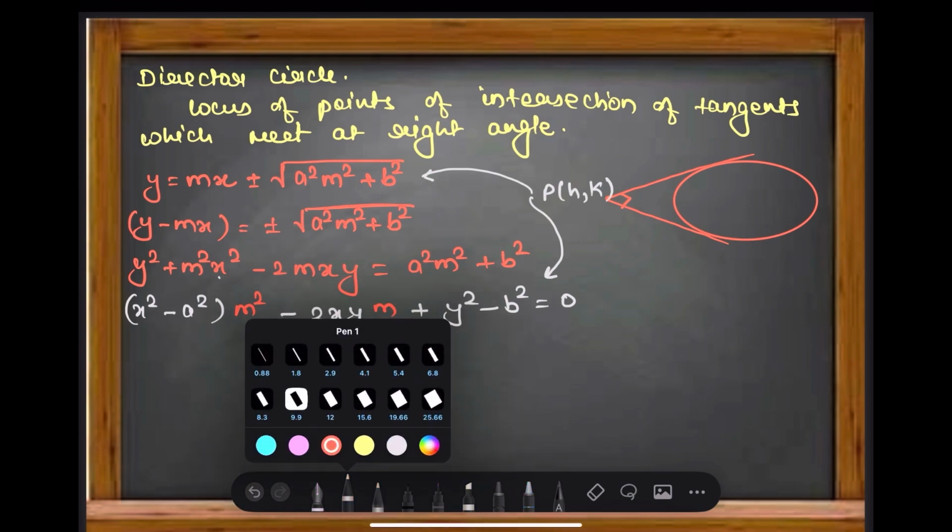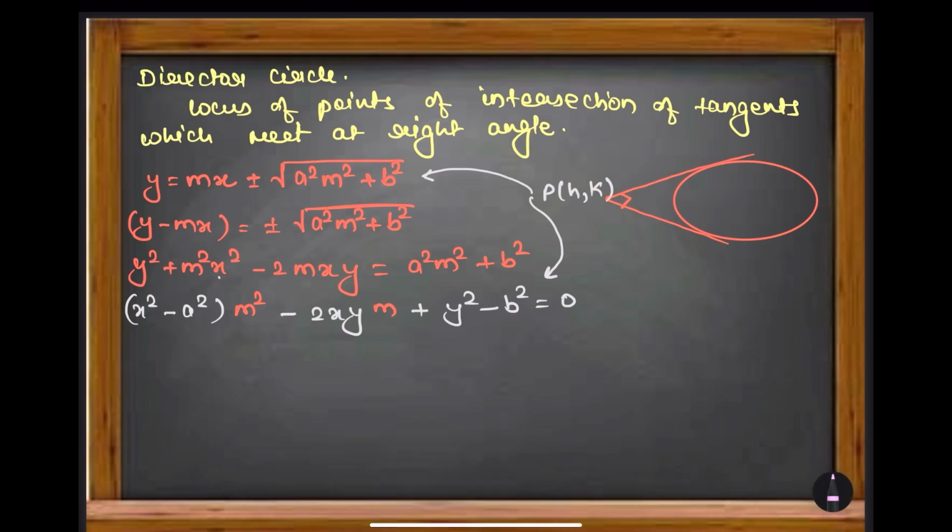Now if you observe this quadratic equation, you know that you will have two values of m, m1, m2. If two tangents are perpendicular, we are interested in the product of roots, m1 m2. The product of zeros according to this equation will be y square minus b square by x square minus a square.